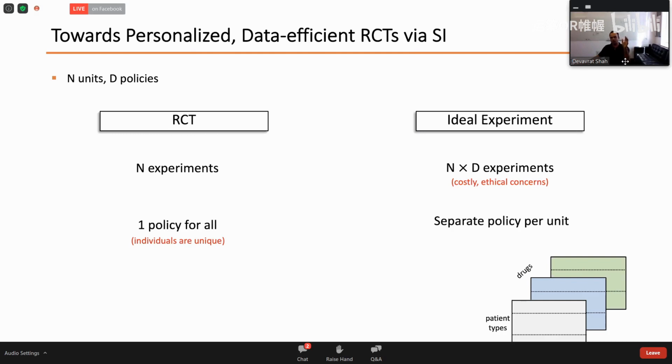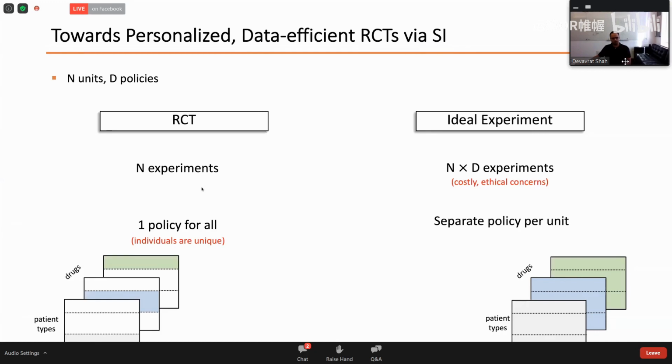For the entire population, I'm going to only decide one effective drug. What we do is that we take patients, and all of them get one of the D things, and whichever is the best, you produce an outcome. And in a sense, this gives you n experiments and one policy for all.